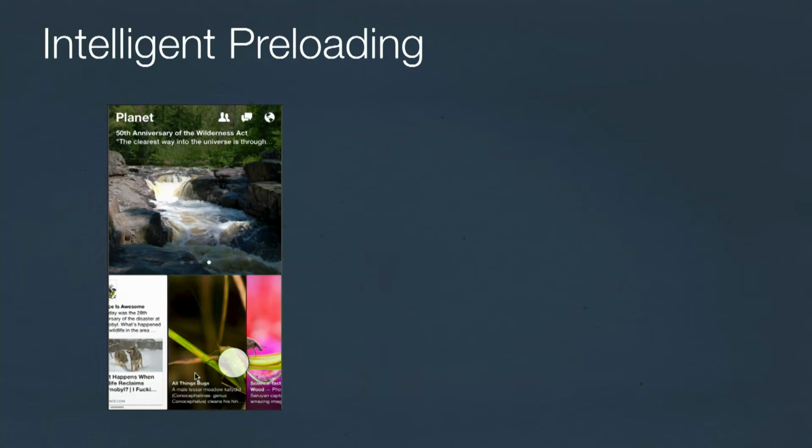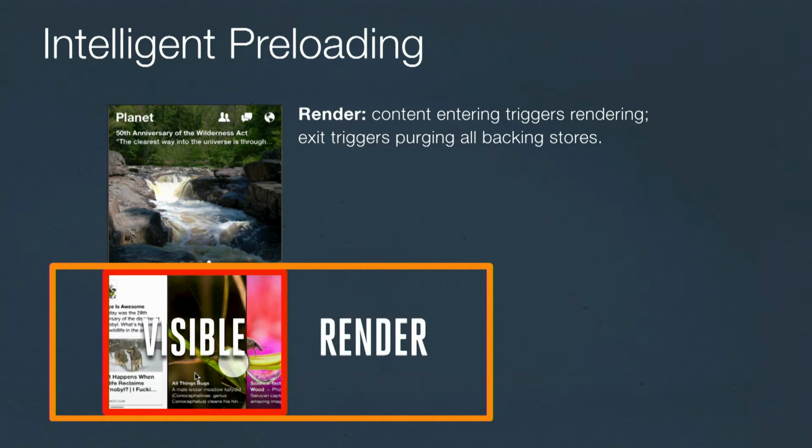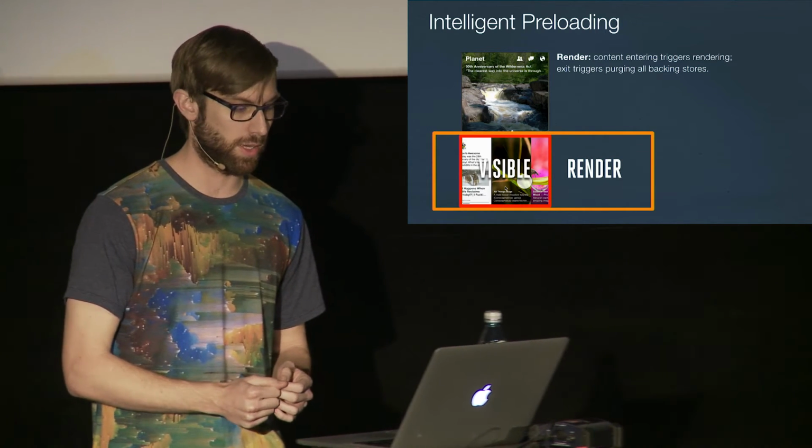So let's look at that, which one way to refer to it would be intelligent preloading. This is a horizontal example, but please also imagine this for vertical table views. We have the visible range here, and we define something outside of that called the render range. This is small on the side that the user is moving away from, but in case they scroll back a little bit, we want to keep some content there.